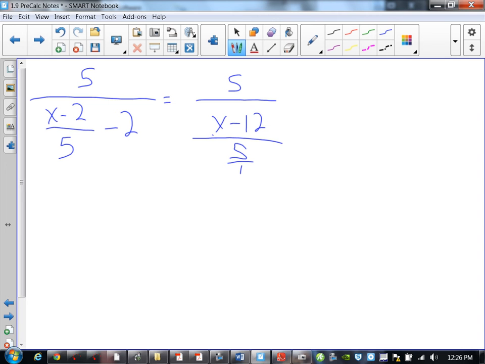Does that make sense? We're creating that double layered fraction, splitting it apart, going horizontal here. Once you do a couple of these, it's really fast, because now what do you do with that second fraction? You flip it.